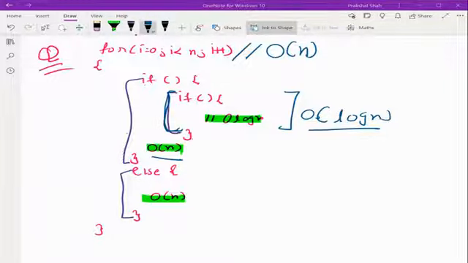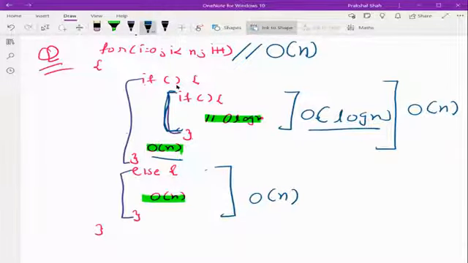So in the order of n and log n, it will be order of n only, right? Yes or no? Right? So it would be order of n. This was already order of n.